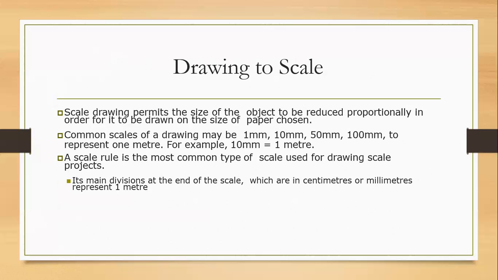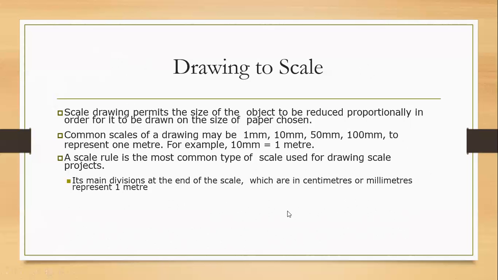Okay, so drawing to scale. So scale drawing permits the size of the object to be reduced proportionally in order for it to be drawn on the size of the paper that you've chosen. Common scales of a drawing may be 1 millimeter, 10 millimeters, 50, and so on.